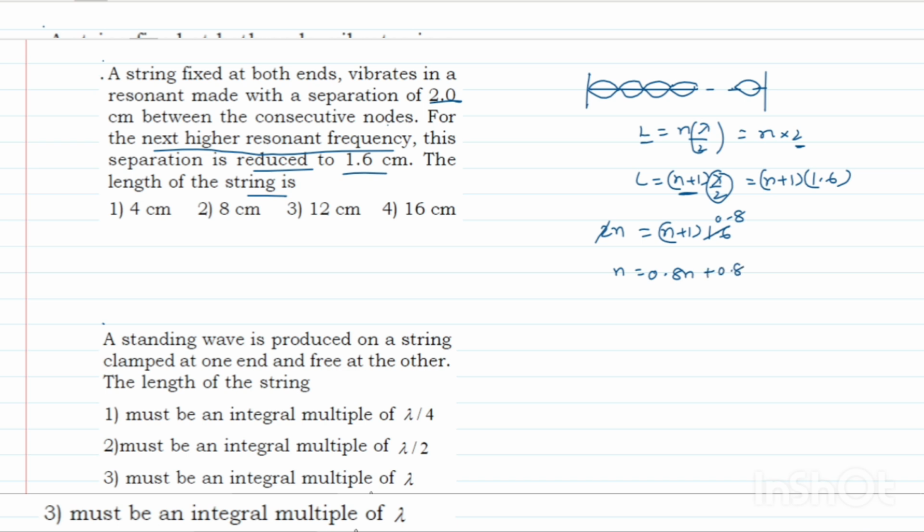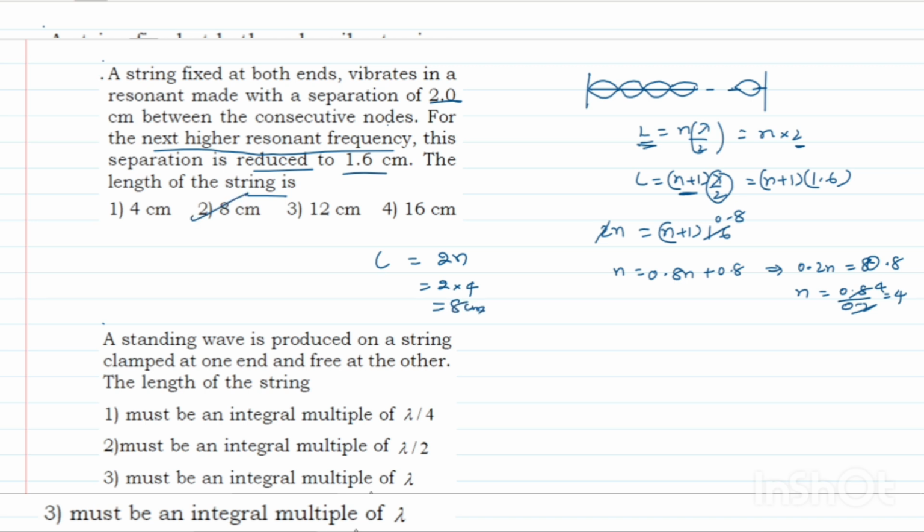And simplifying, n minus 0.8n gives 0.2n, which equals 0.8. So n is 0.8 by 0.2, which is 4. Then you can substitute: L, the length of the string they are asking, is 2n. So 2 into n, where n we calculated as 4, gives 8 centimeters.